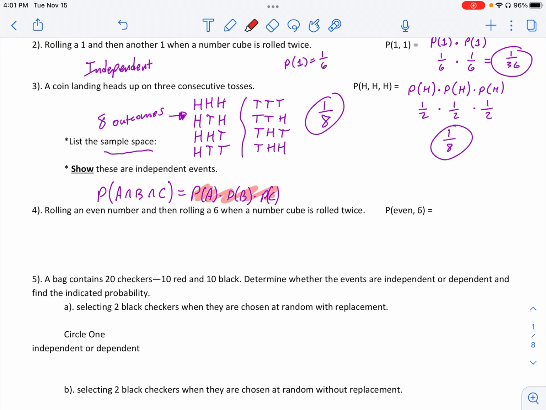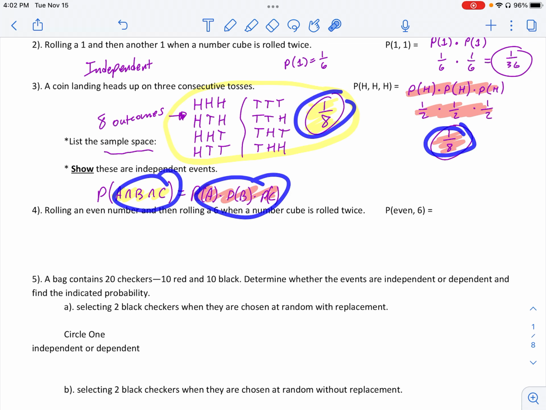This red part here is my 3 events back to back to back, and I get 1/8. And the probability of all 3 happening is this right here, which I just showed is 1/8. So this yellow side is 1/8, and the red side is also 1/8. So this shows that they're independent.